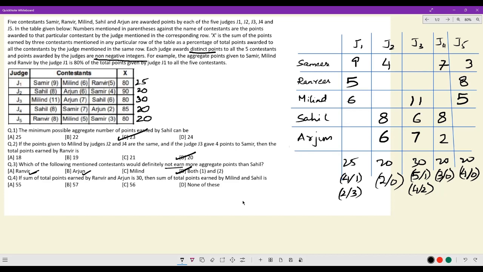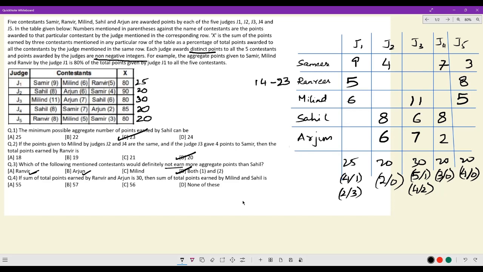Now see, minimum, as in the points total for Ranveer, minimum points he can earn here is 0, minimum points he can earn here is 1, minimum points he can earn here is 0. So his minimum points total is 14, and his maximum points total is 5 plus 2 plus 5, 12, 12 plus 3, 15, 15 plus 8 is 23.